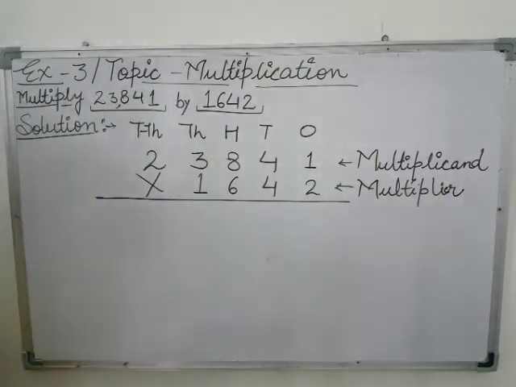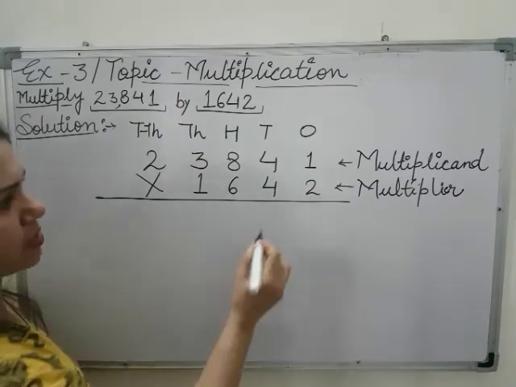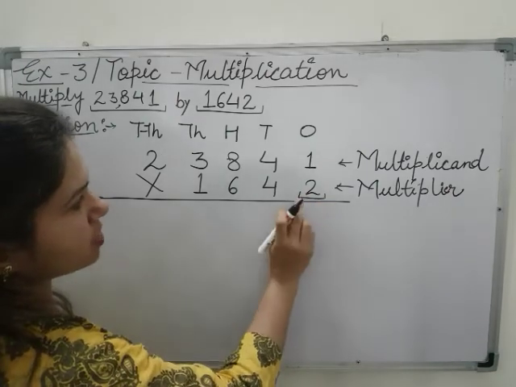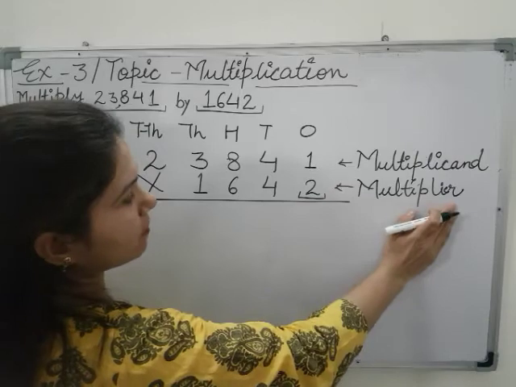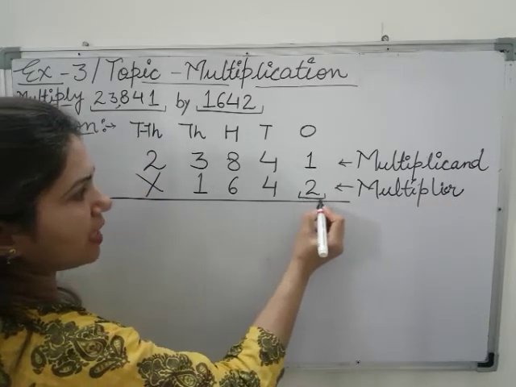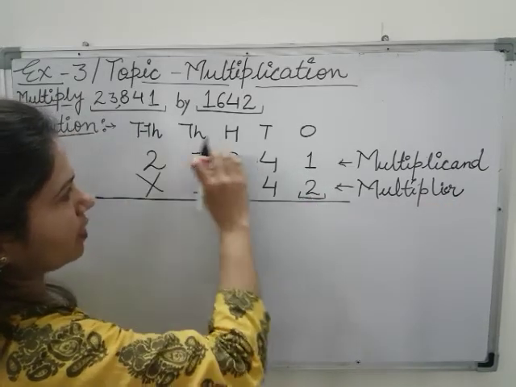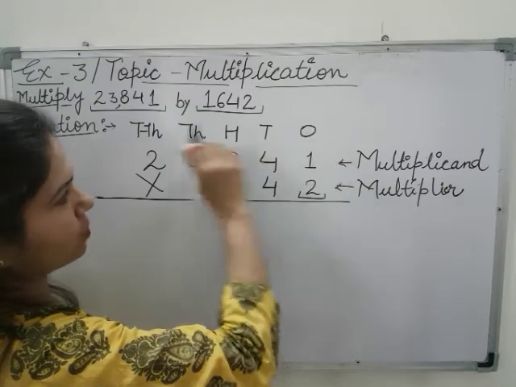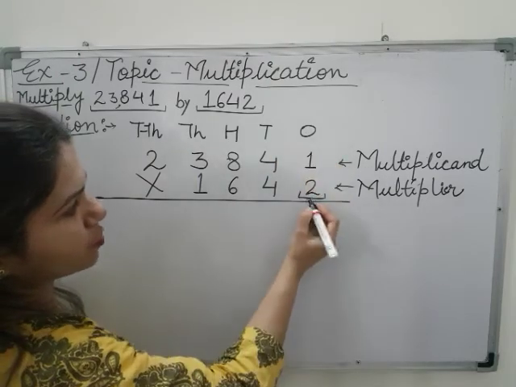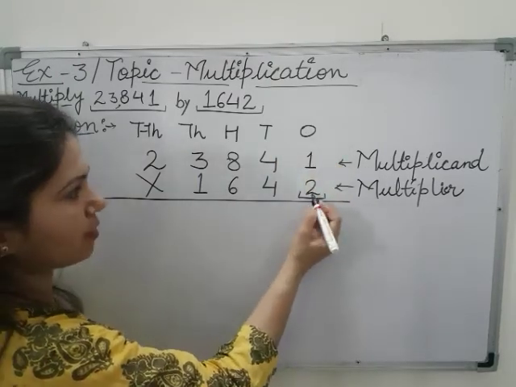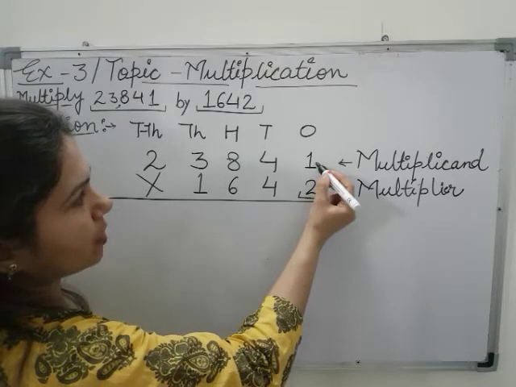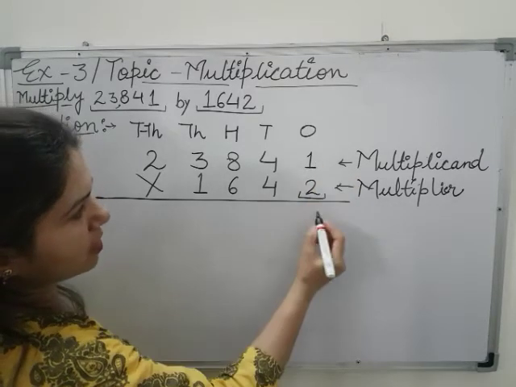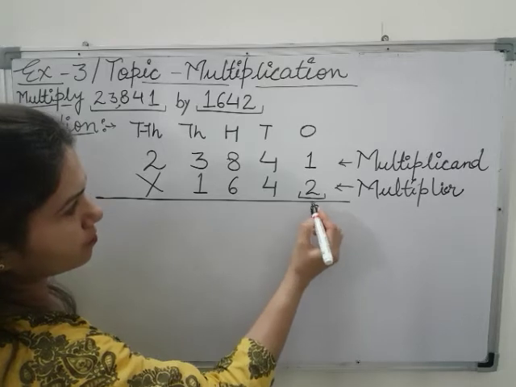Now we start the multiplication with the ones place of the multiplier. We multiply this digit with the multiplicand. So we start the multiplication from here. 2 multiply with 1, 2 ones are 2.